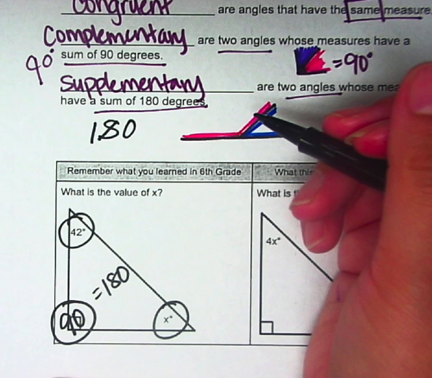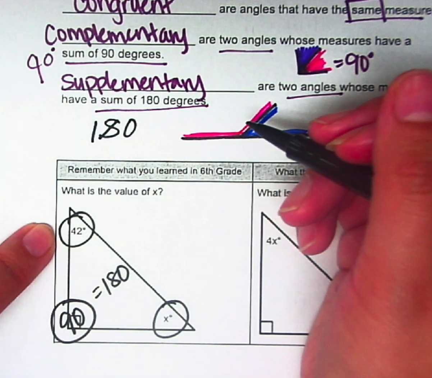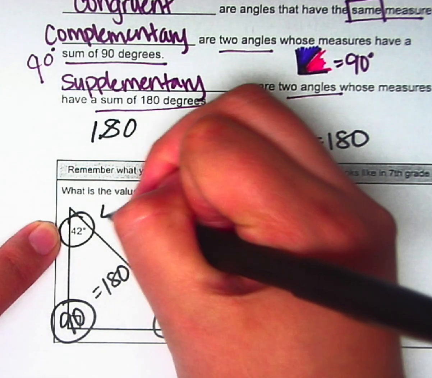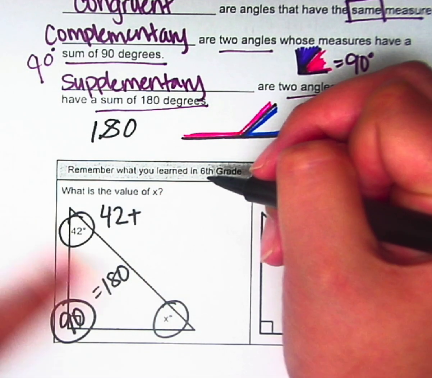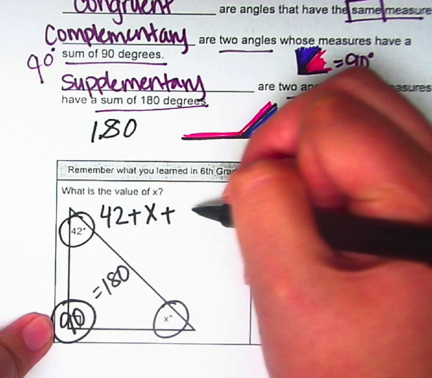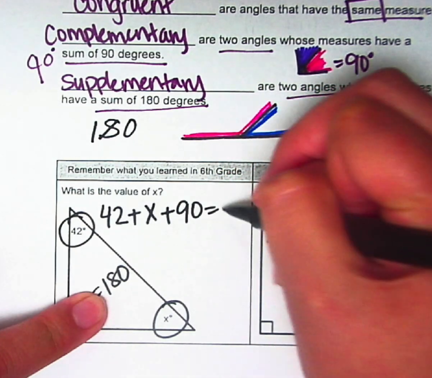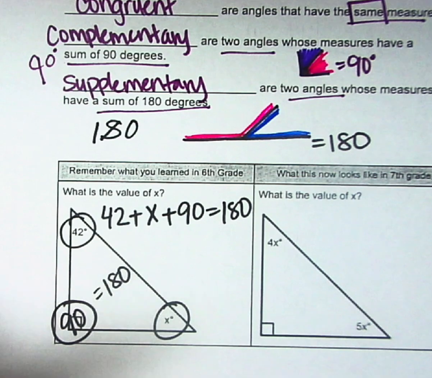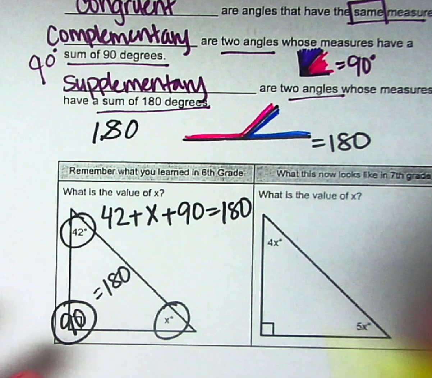So let's go ahead and put this together. I'm going to add up all of my angles. I'm going to write 42 plus x plus 90 is equal to 180. Now, it's easier for me to combine like terms so that I can solve for x. I'm going to highlight my two that are the same.